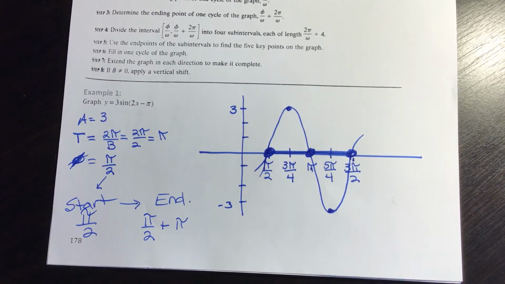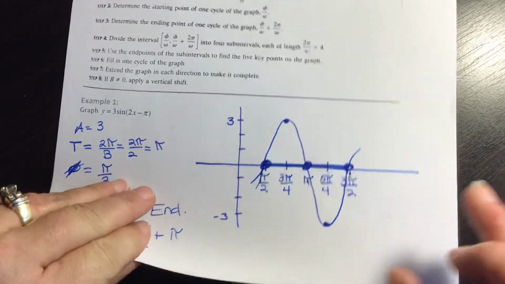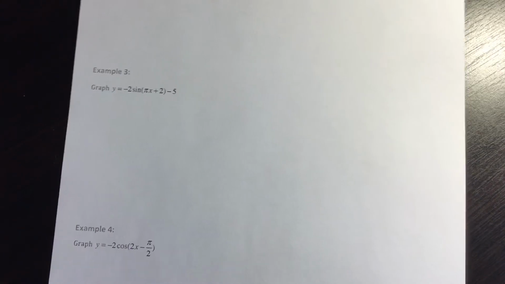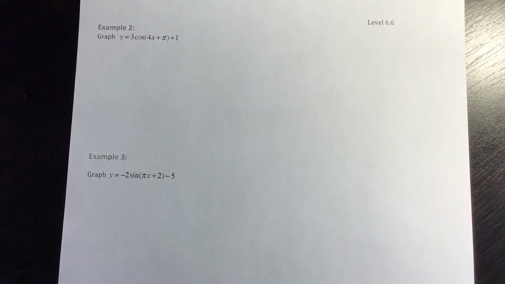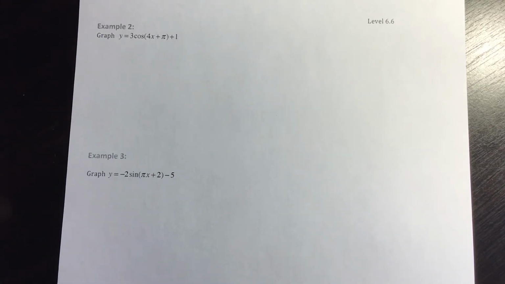So let's do another one. Let's do a couple more and then maybe save one for class. The next one is y equals 3 cosine of 4x plus pi, and then plus 1.